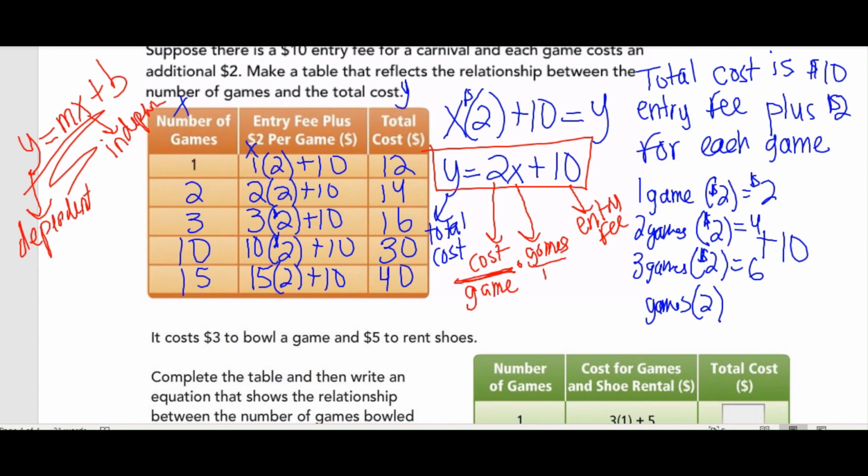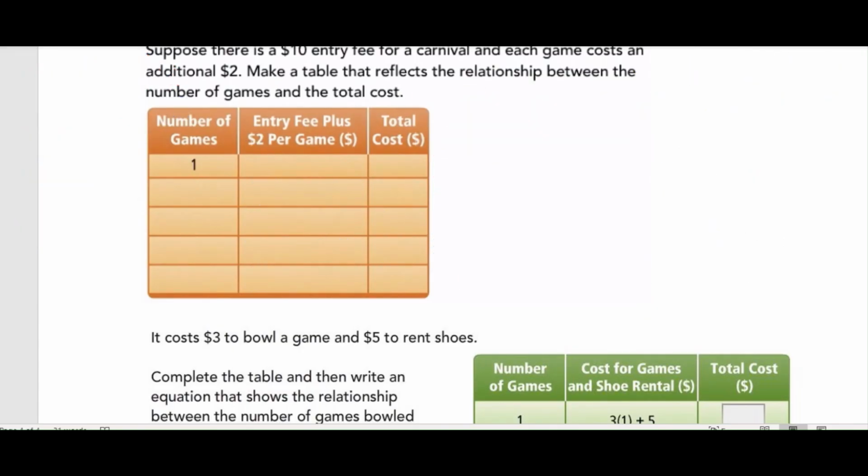And then B is usually like your flat rate fee, whatever that is in whatever situation. Flat rate, that means you're going to pay that no matter what. And then M is the slope, the constant rate of change. Or in our case, we call it unit rate in 6th grade. 7th grade is constant rate of change or constant of proportionality. 8th grade, you will call it slope. So all of these words mean the exact same thing.